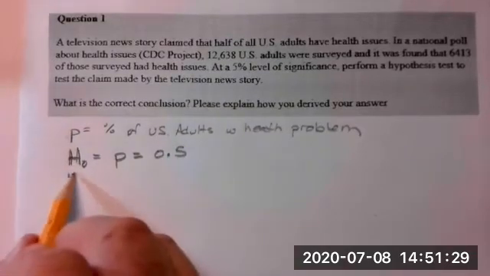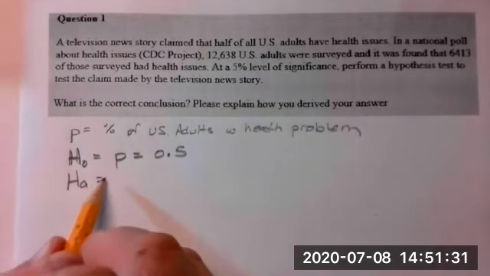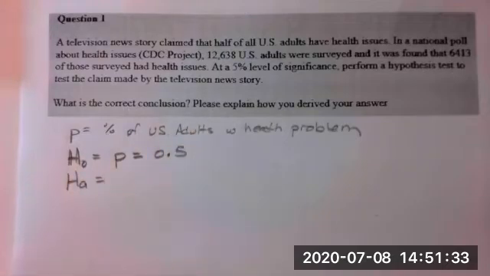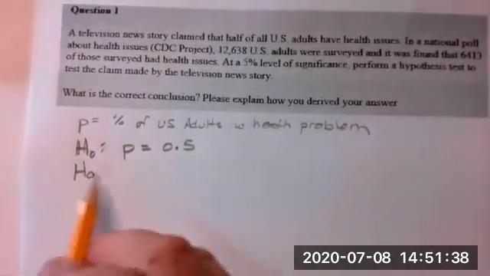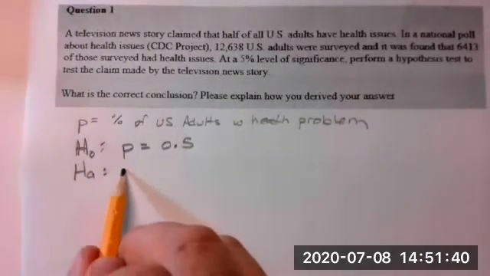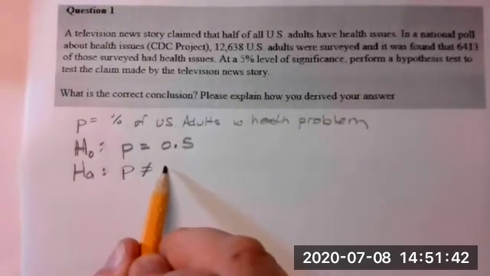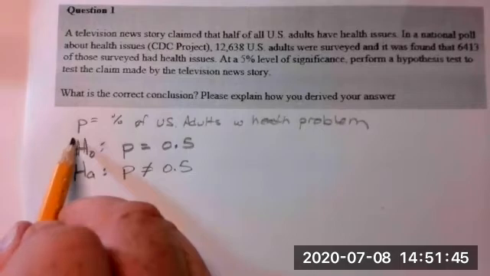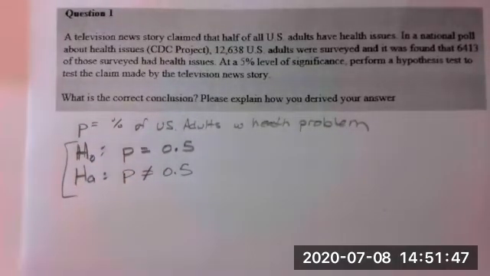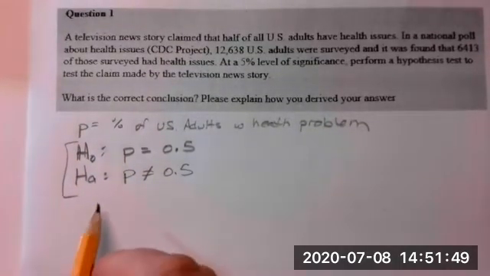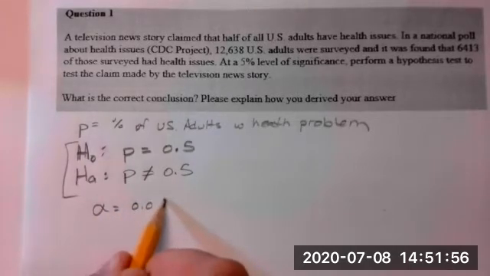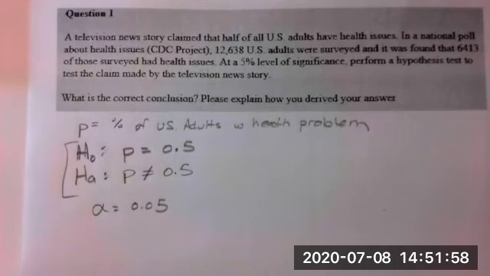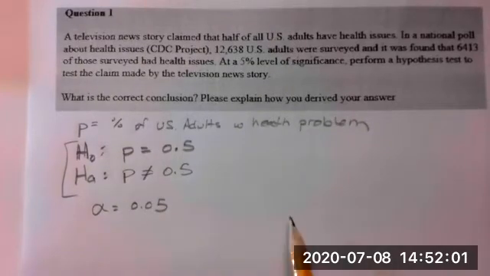And my alternate hypothesis, if this is not true, is going to be that it's simply not half. So P is not equal to 0.5. And so there's our hypotheses there. And they ask us about a 5% confidence level, so our alpha value here is going to be 0.05.